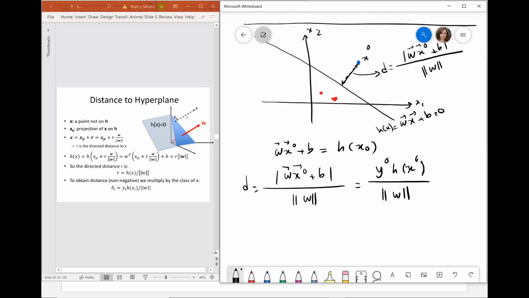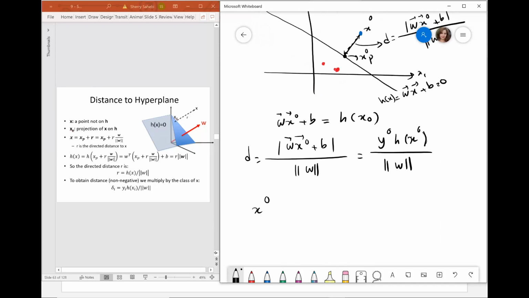If we project x0 onto this line, let's call it x0p, we are going to calculate x0 as a summation between the projection of x0 over this line, or x0p, plus some remainder. This remainder is actually equal to this distance, right?